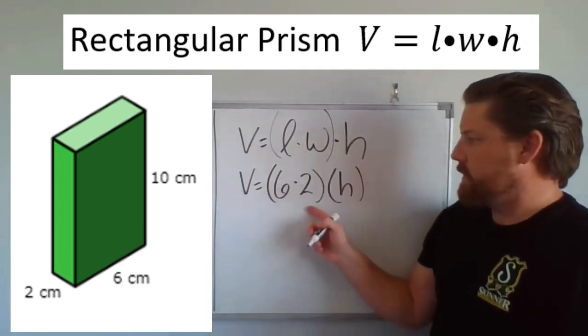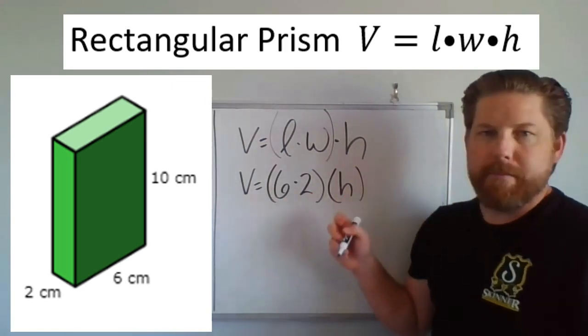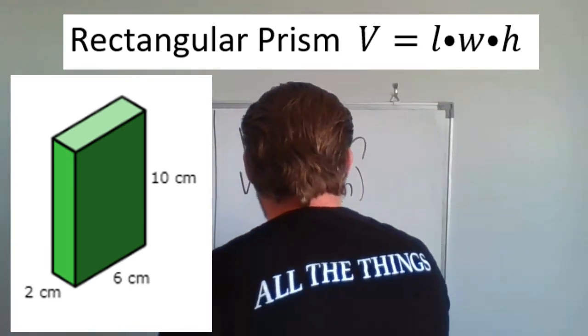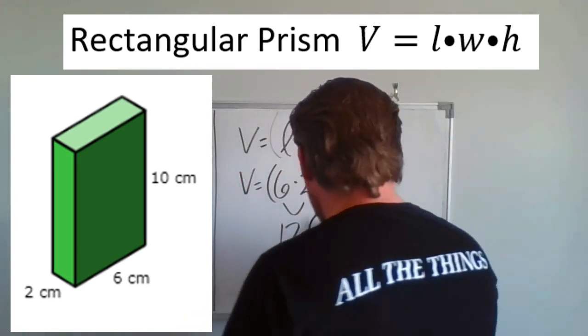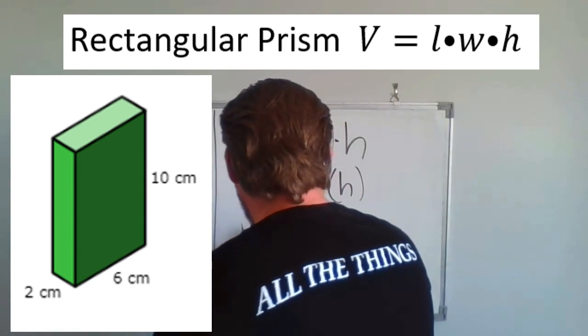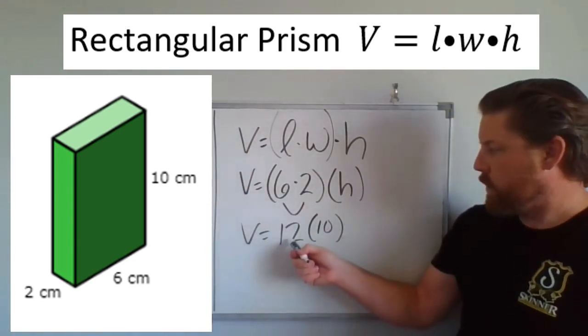So the first thing we're going to do is find the area of that base, 6 times 2, and we're going to multiply it by the height. And what's our height? 10. Pretty straightforward stuff. 6 times 2 is 12.